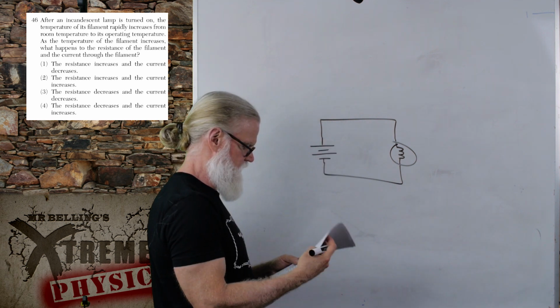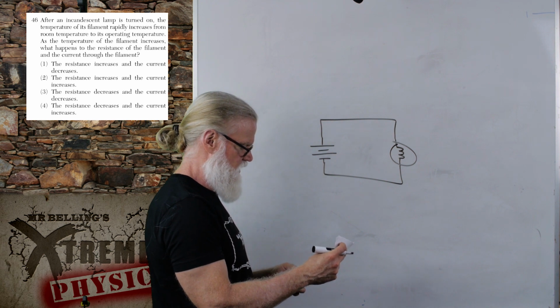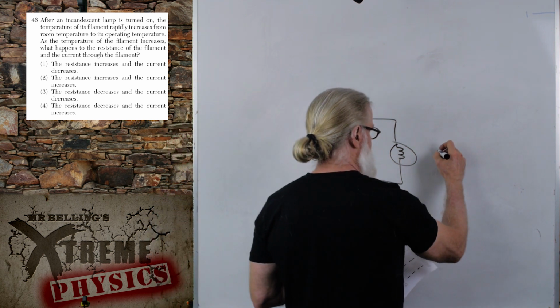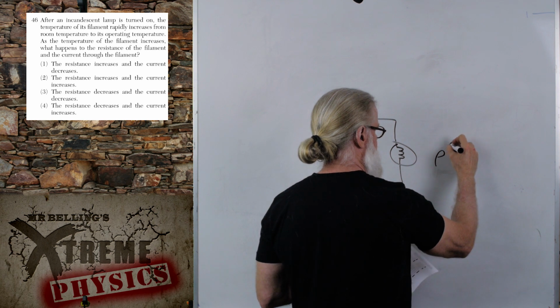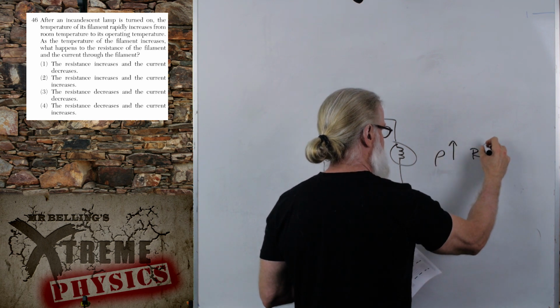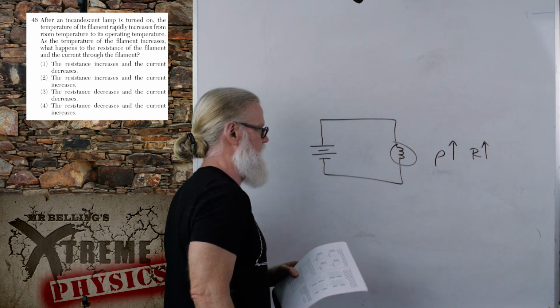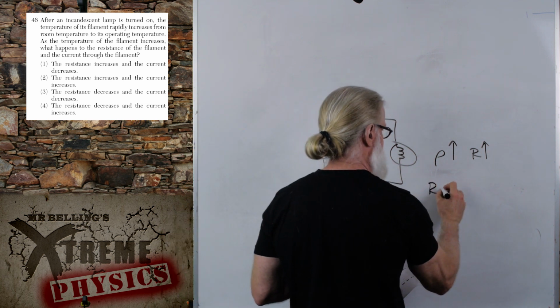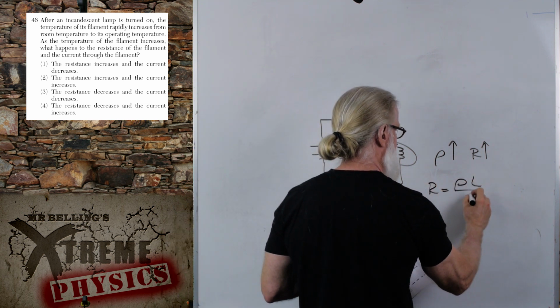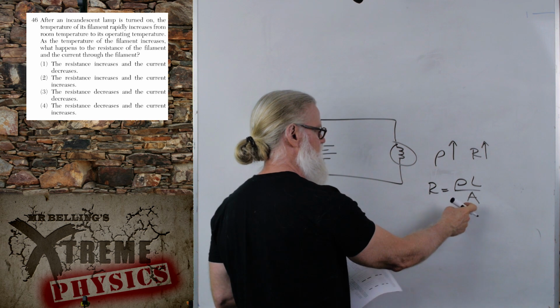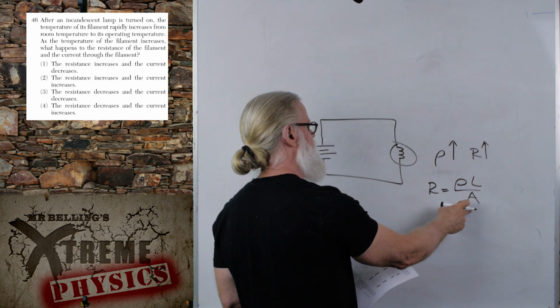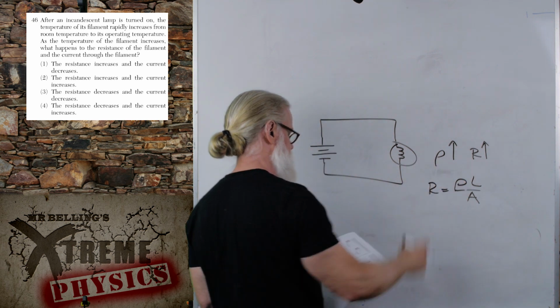The lamp is turned on, the temperature of its filament rapidly increases. So it looks like the resistivity is going to be going up, and therefore the resistance is also going to be going up because the resistance equals rho L over A. The length of the filament doesn't change. The cross-sectional area doesn't change. But if the resistivity is going up, the resistance is also going to go up.